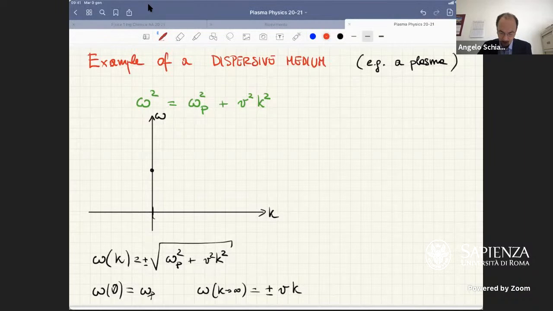So we know that for very large k, the plot will go as a straight line, and this is the progressive part. This is the asymptotic behavior on one side, the progressive part, and then we have the asymptotic behavior for the regressive part.